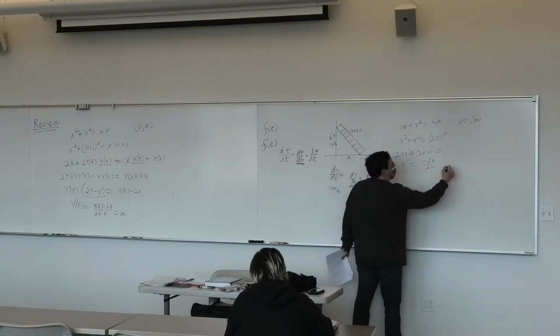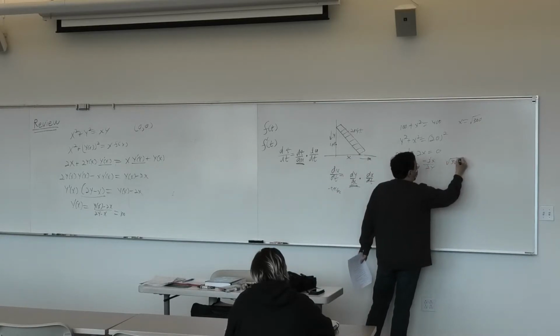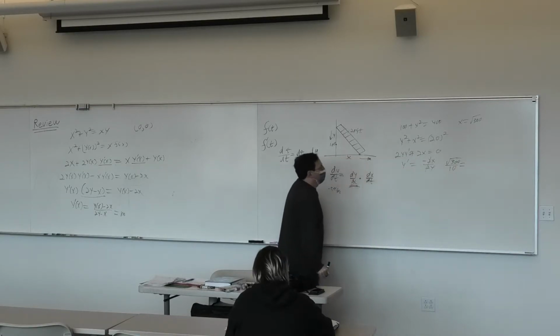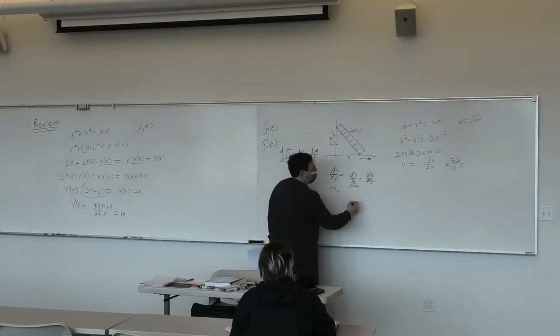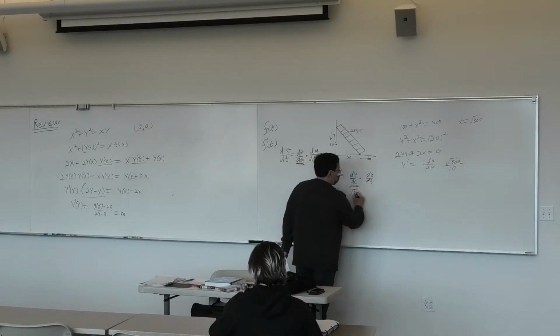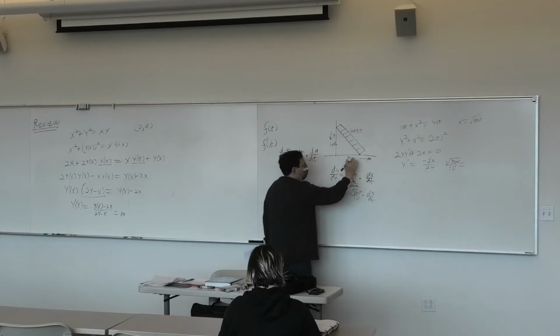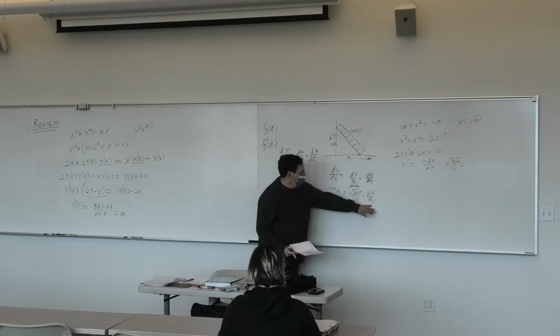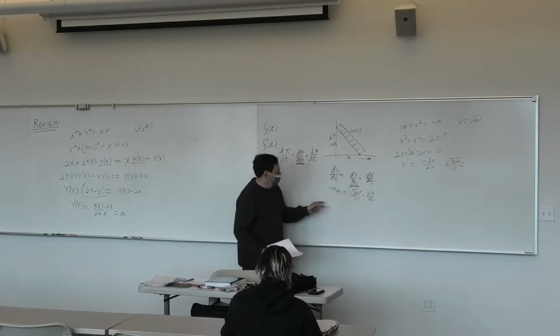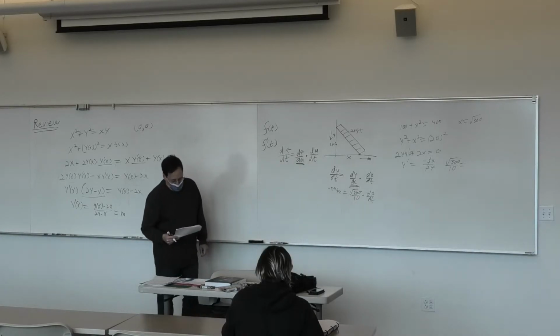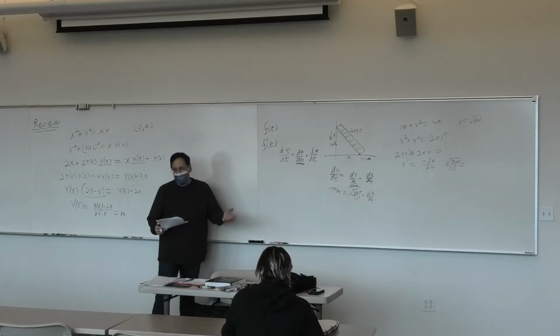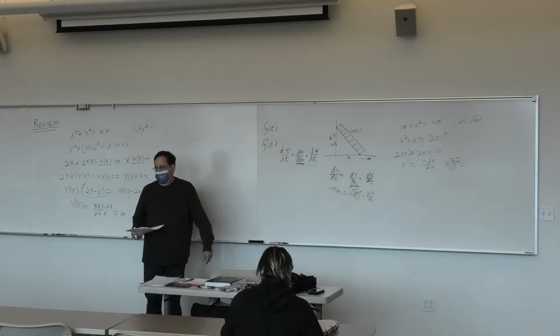So we would plug in square root of 300 and 10, and now that's our dy dx. And if we want to find out how fast x is moving, that's our dx dt. So we just have to divide negative 5 by this number. So that would be a typical related rates problem.